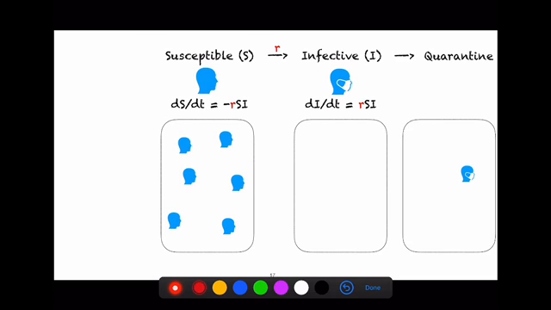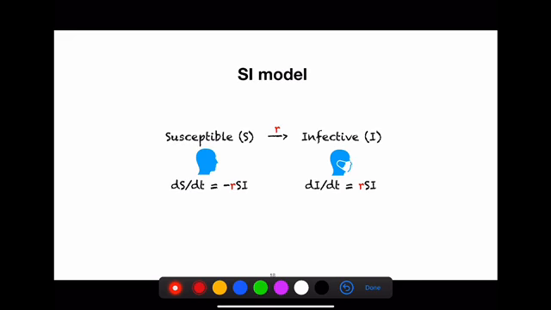Now we consider a case where we put this infected person in quarantine. So this person is isolated. When this person is isolated, this person is unable to make any connection to the susceptible population. So in that case, there will be no further transmission of the disease. So this is the best method that we have to control the spread of the disease.